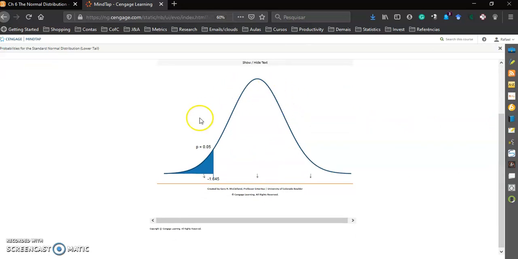Again, this entire figure is 100%. So if I move this shaded area until the middle, we have 50%. This is 0.5, which means 50%. So 50% of the figure is blue and the other 50% is white.